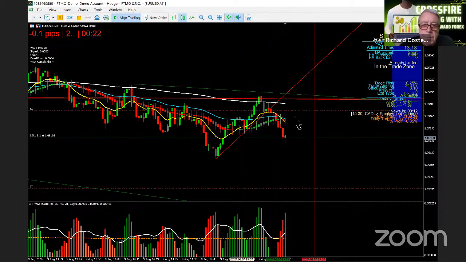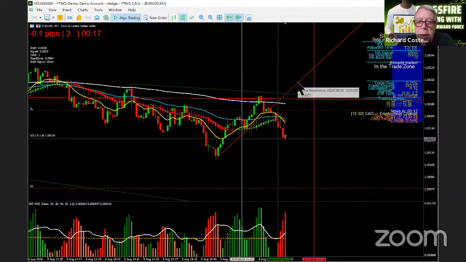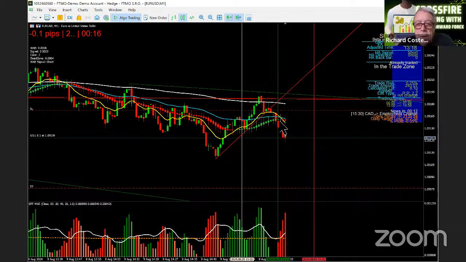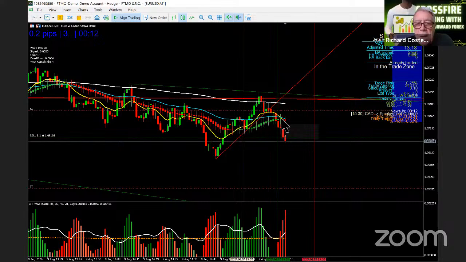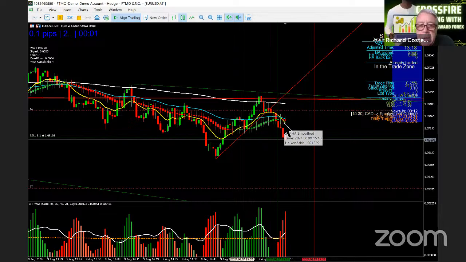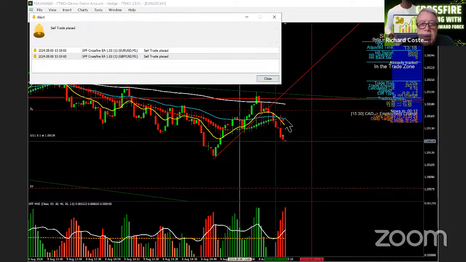So the reason it did that was because I'm below the red trend line. I was on green Heikin-Ashis. The previous candle changed to red Heikin-Ashis. So that's two ducks lined up. The third duck is the yellow, the 13 is lower than the 62.